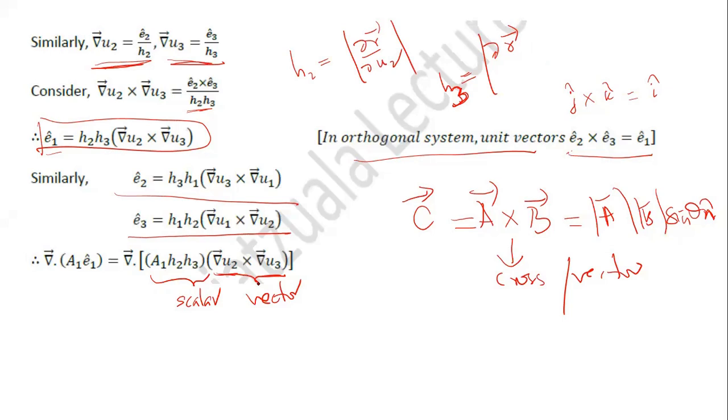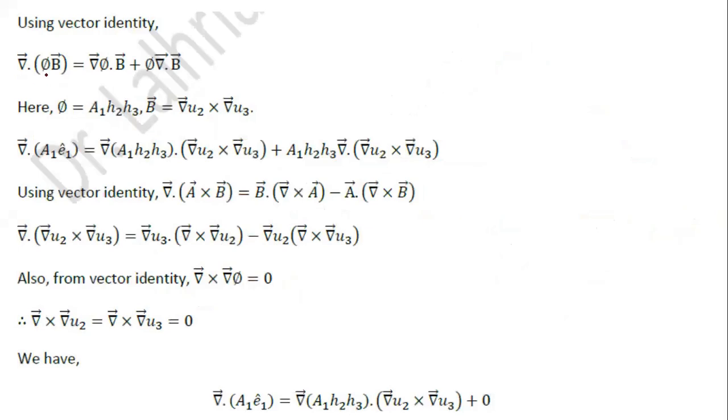Now, from the vector identity, we know that when we take the divergence of the product of a scalar and a vector, the result is the gradient of the scalar dot product with the vector plus the scalar times the divergence of the vector itself.